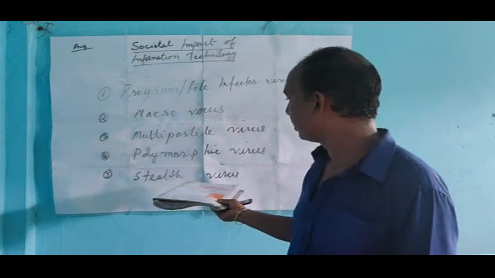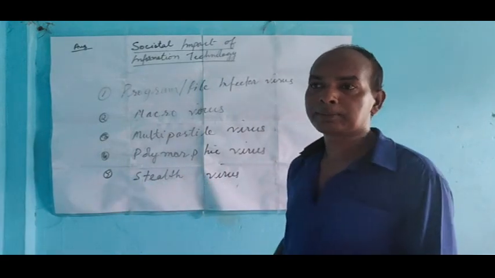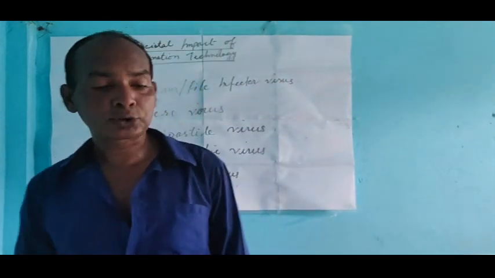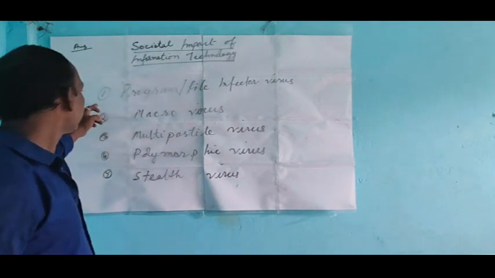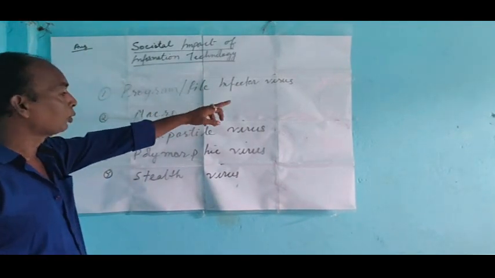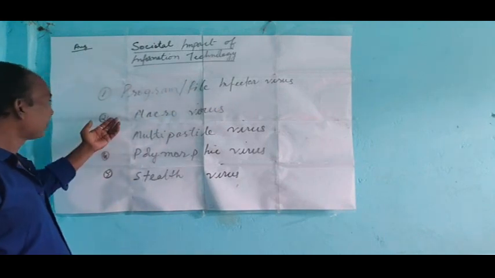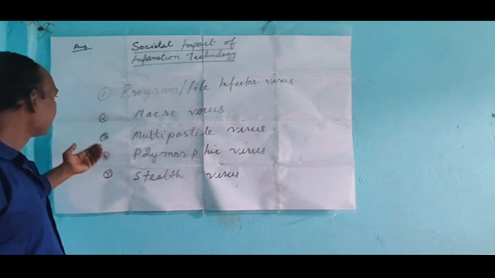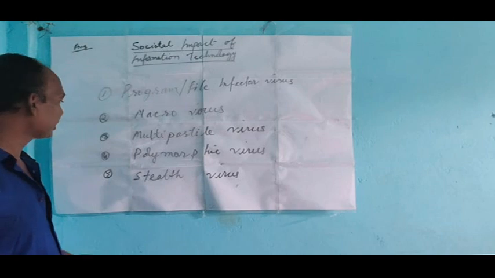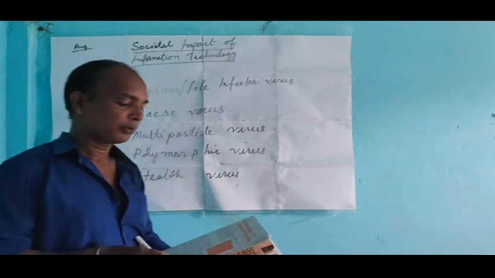So this is very important because this virus cannot be detected by the user or the antivirus software. So there are 5 types of virus. One, program or file infected virus, which is also known as parasitic virus. Number 2 is macro virus. Number 3 is multipartite virus. Number 4 is polymorphic virus, and the 5th is stealth virus.